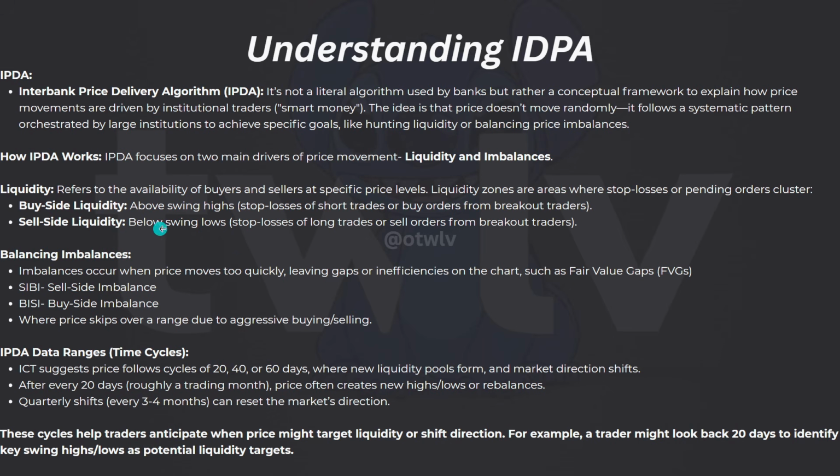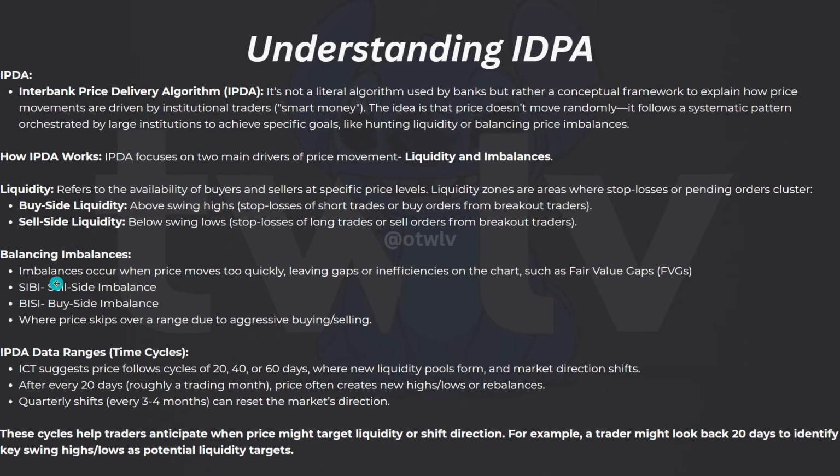Sell side liquidity is below a swing low: stop losses of long trades or sell orders from breakout traders. So again, same concept. If you're long and price comes and takes out a low where your stop loss is, or you're selling at a lower price, right? Which we don't want to do, we want to buy low and sell high.